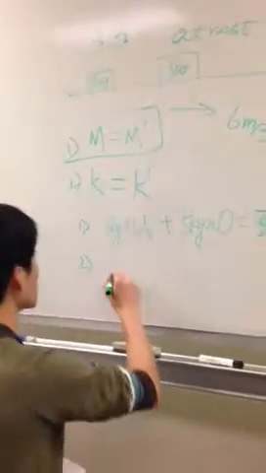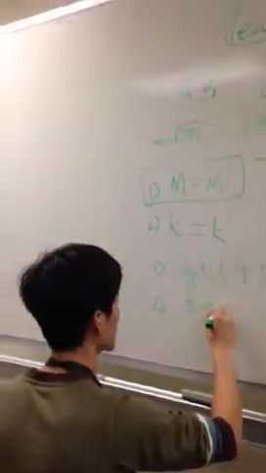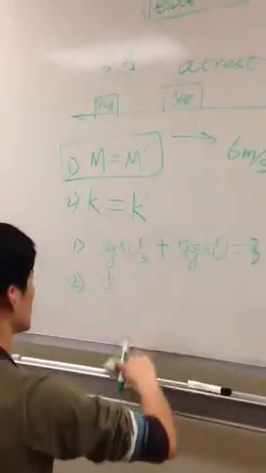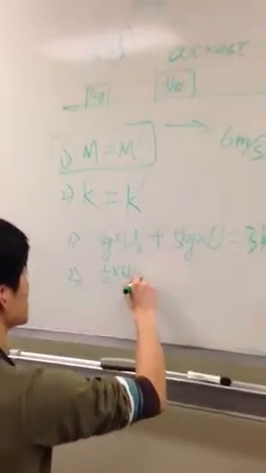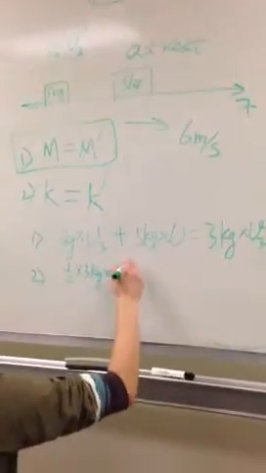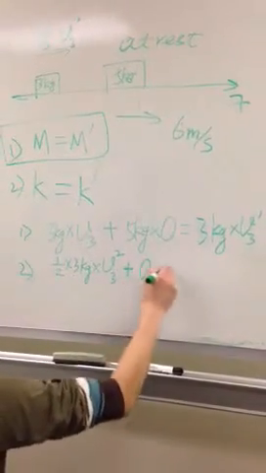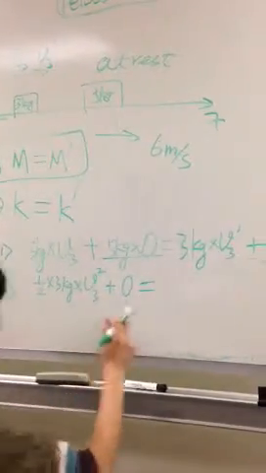The second one is the kinetic energy. 1/2 times 3 kilogram times the initial velocity squared, plus 0, since the 5 kilogram object was at rest.